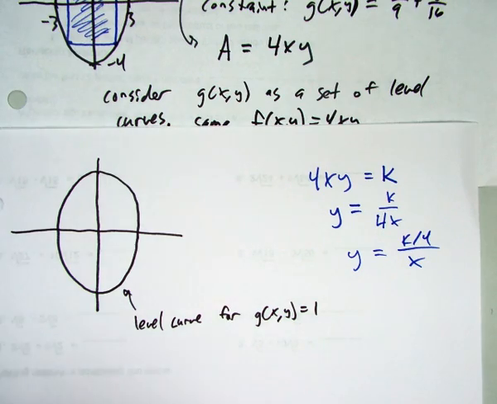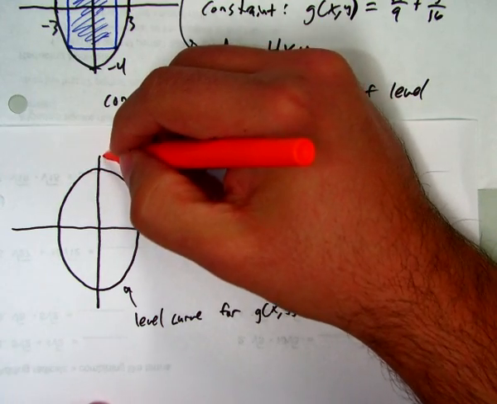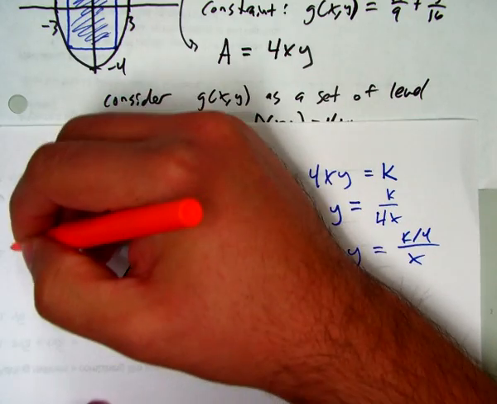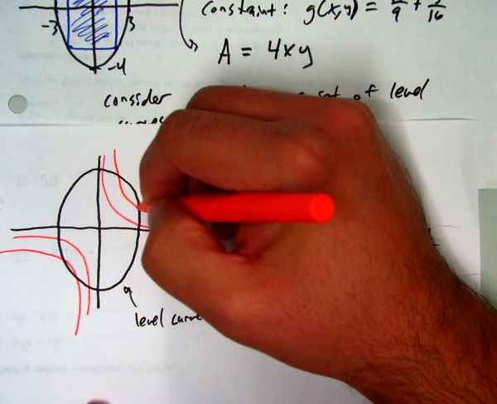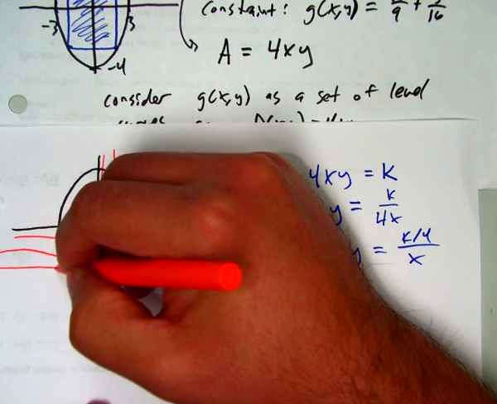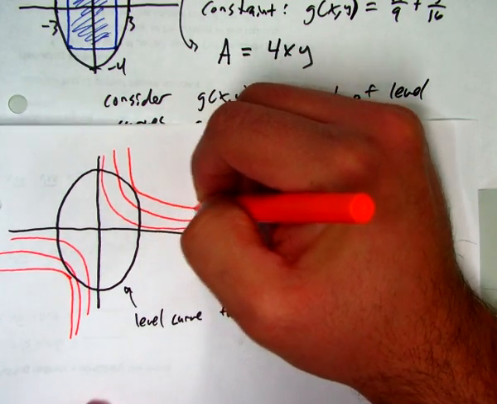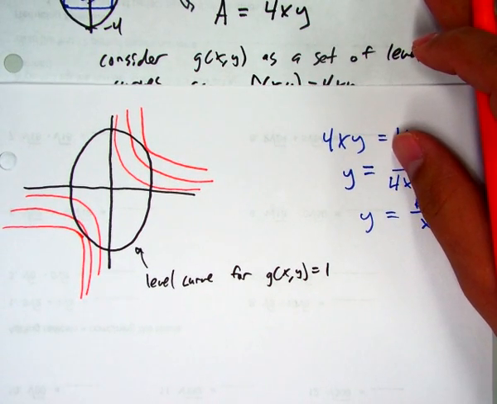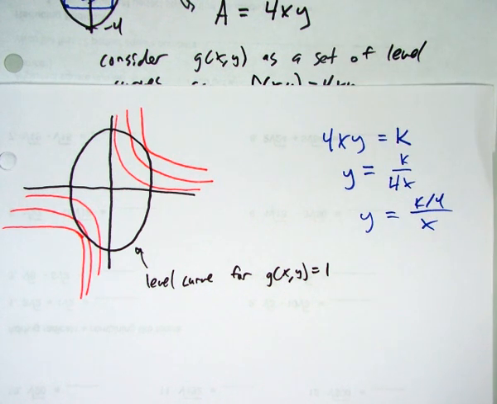And what happens then is now you get a set of level curves. Of the three, and I kind of drew a bad set in the third quadrant, which of the three curves do you think are the ones that we're going to be interested in?